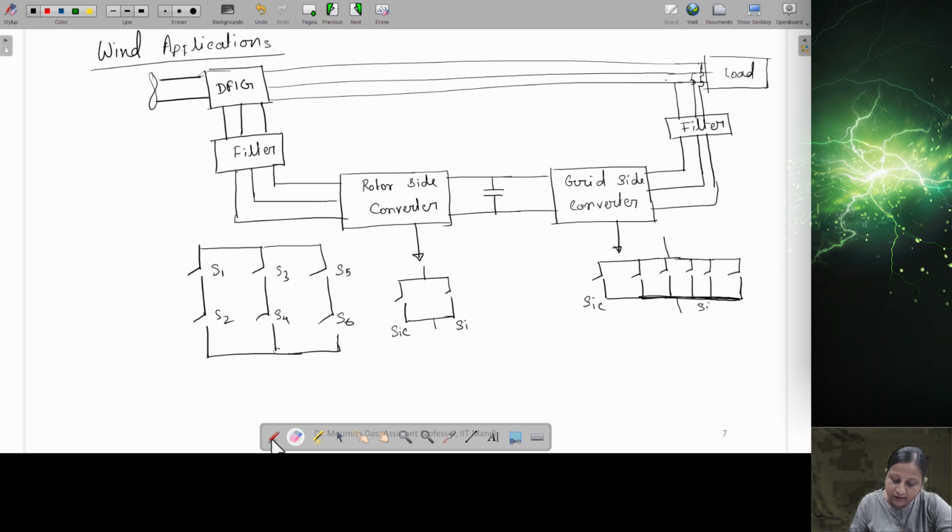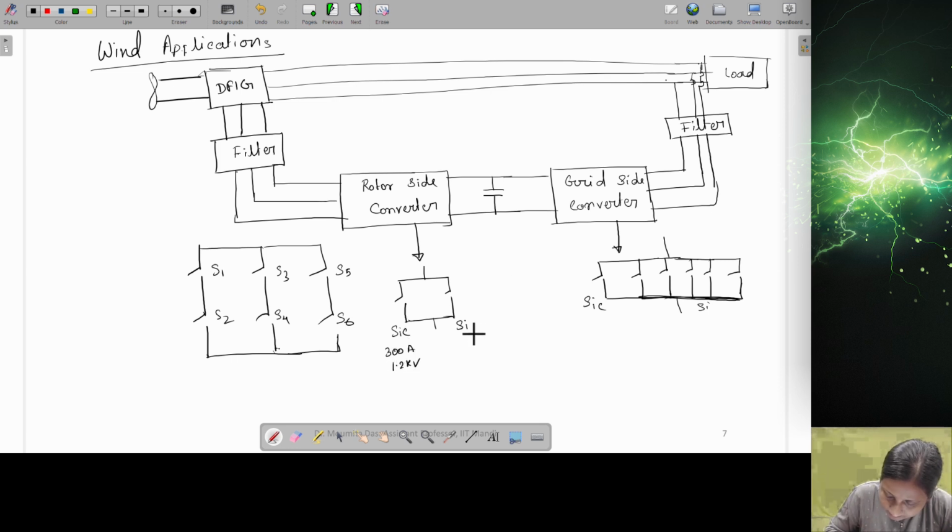Here the ratings of these devices are also very different. In this case it is 300 amperes, 1.2 kilovolts, and here it is 1.2 kilovolts with 150 amperes. One important thing is that the silicon carbide current rating is much higher than that of the silicon. Voltage ratings remain the same.